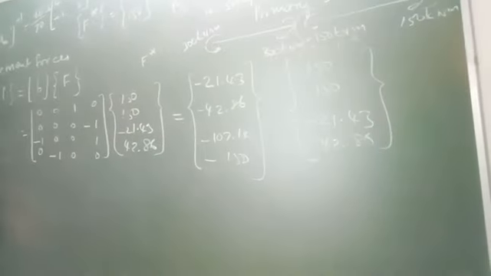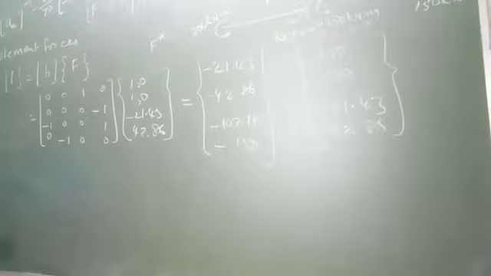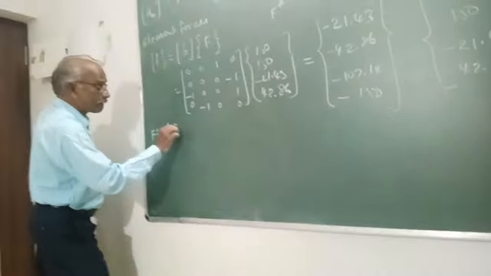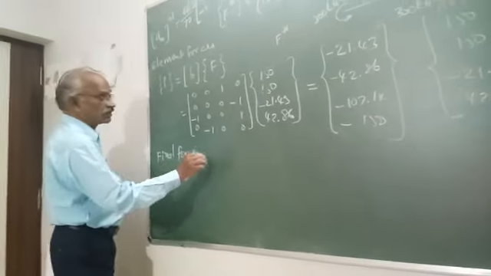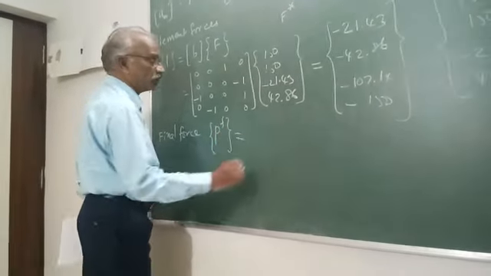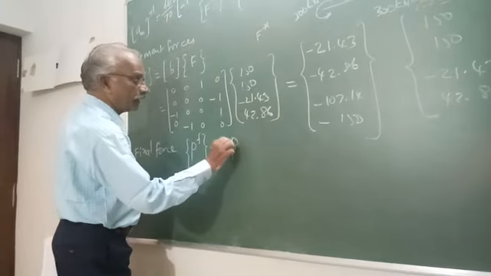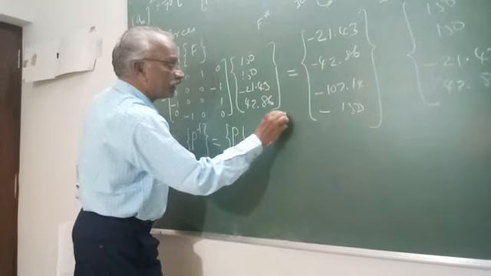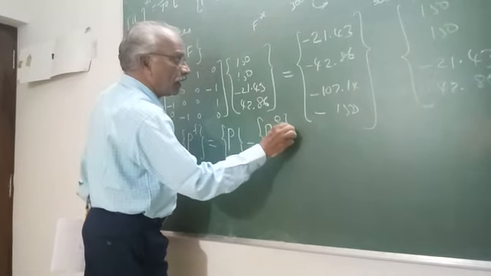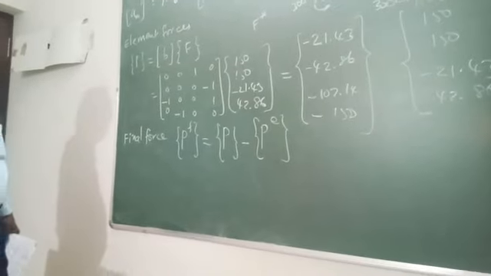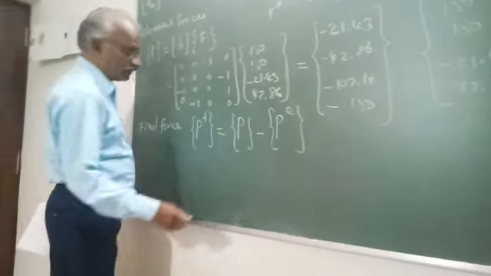After getting the element forces, the final force F equals P minus P equivalent, or you can write P plus P dash: P plus the fixed end moments, or P minus the equivalent joint force.